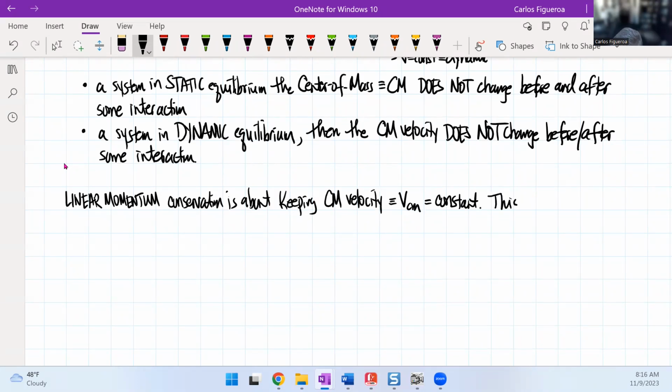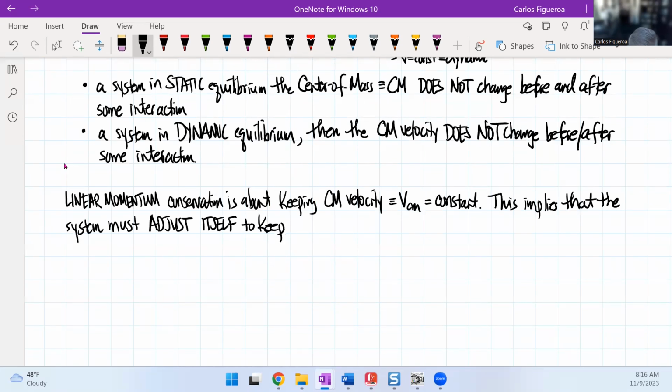This implies that the system must adjust itself to keep the center of mass equal to a constant.